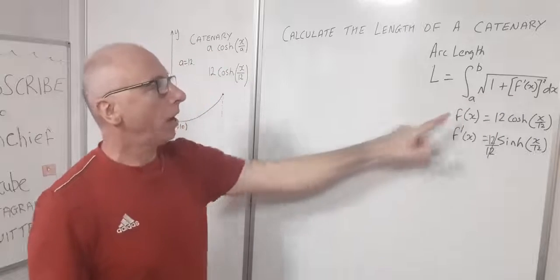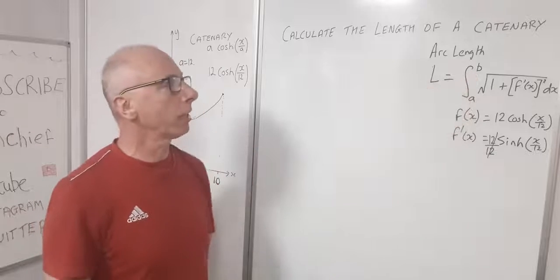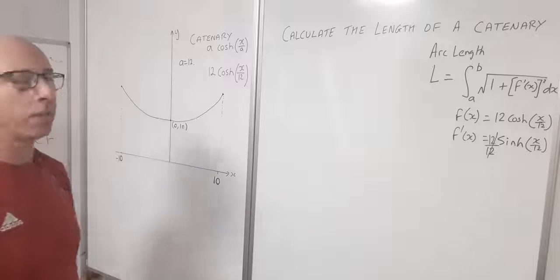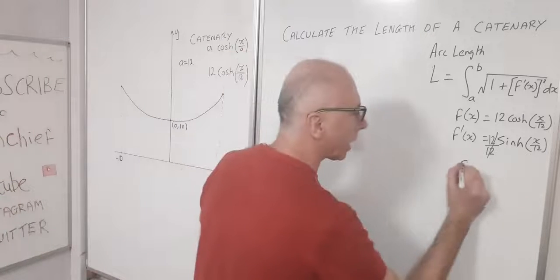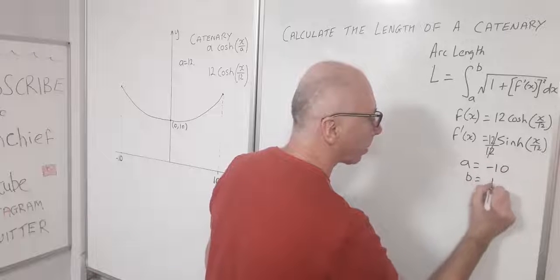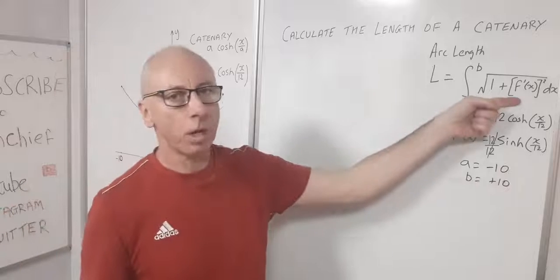Okay, now our A and our B are the points where the poles holding our catenary are suspended. Well, they are going to be at minus 10 and positive 10. So A equals minus 10, B equals positive 10. So all that's left to do now is to plug that into our integral.